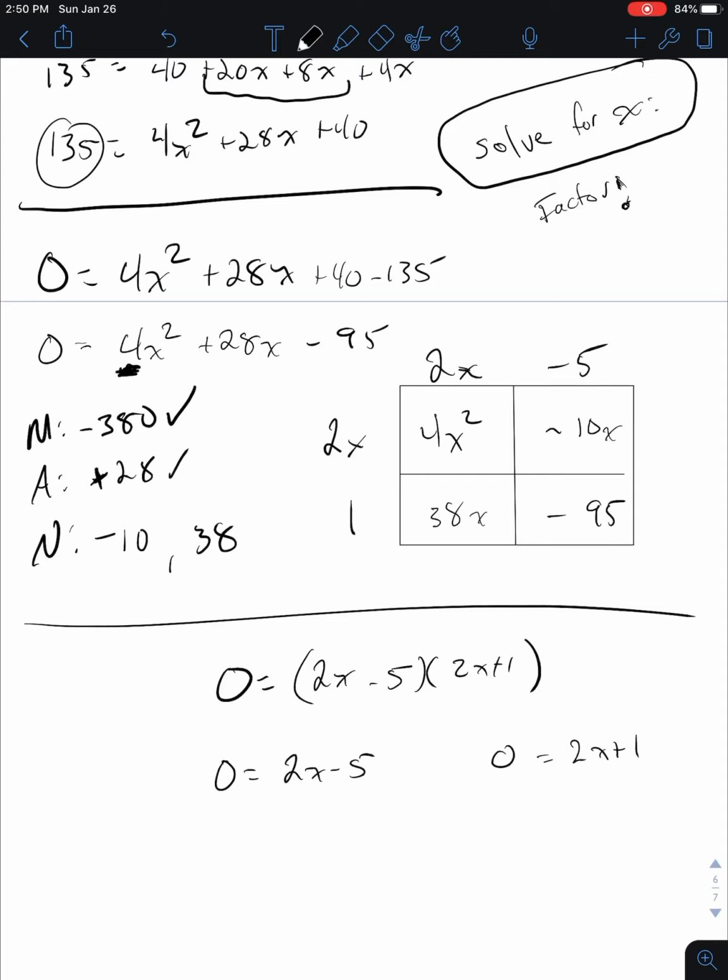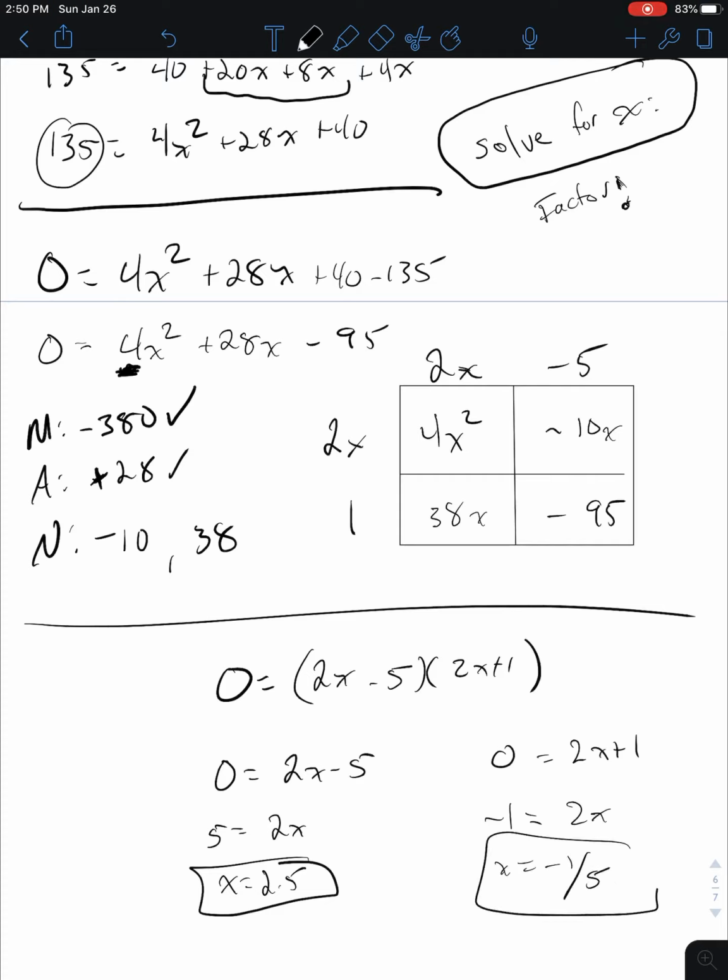So 0 equals 2x minus 5, we just divide that by 2, and 0 equals 2x plus 1. 5 divided by 2 is 2.5. Good. So negative 1 is equal to 2x, so x is equal to negative 1 half.